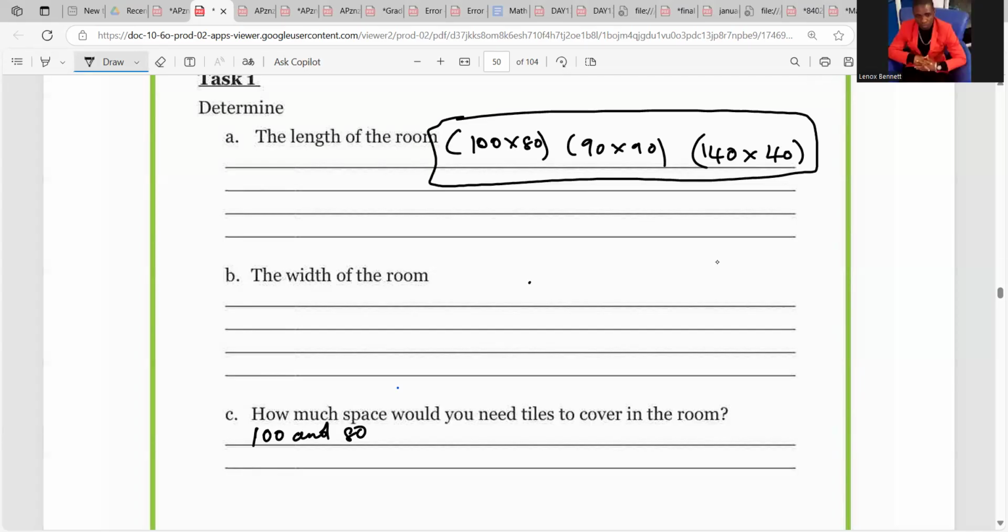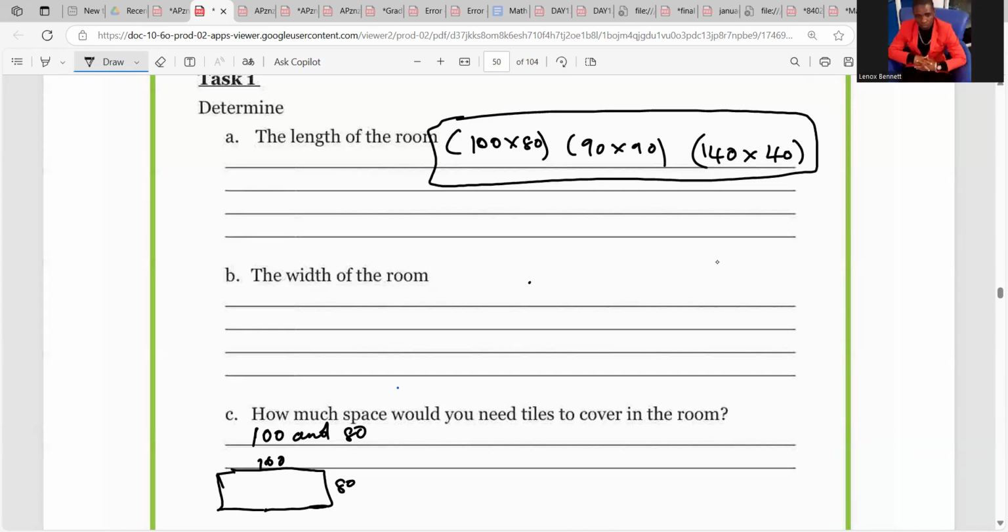How much? 8,000 centimeters square. Tell them how you got it, please. So for my length, I got 100 centimeters. And for my width, I got 80 centimeters. And the area is length times width. So I multiplied 100 and 80 and I got 8,000 centimeters.